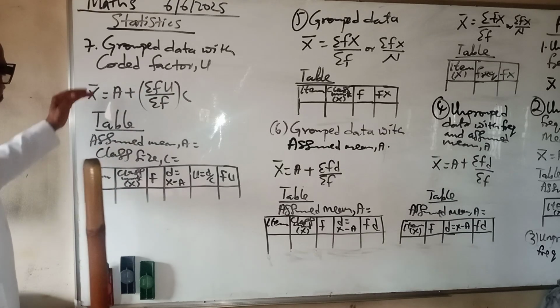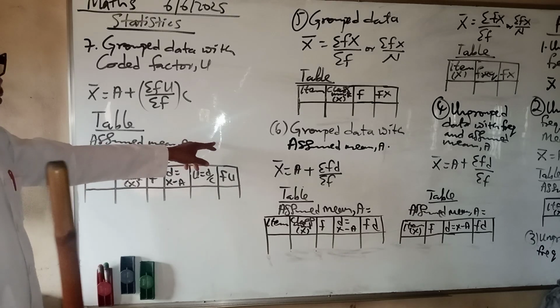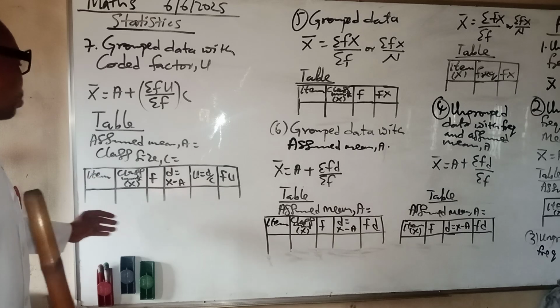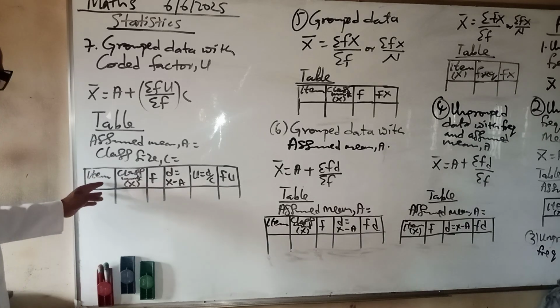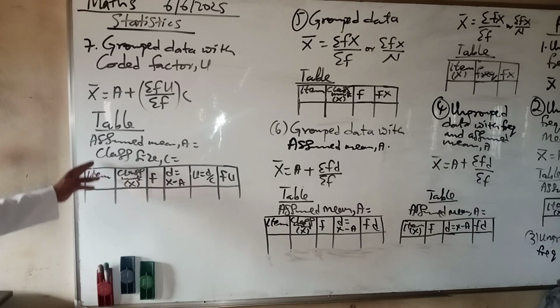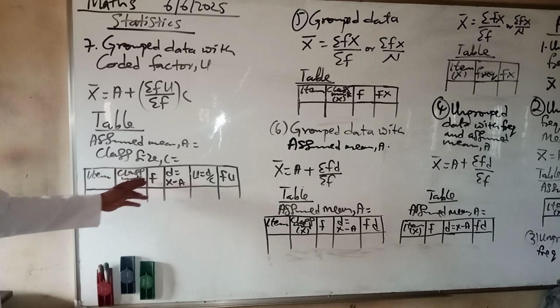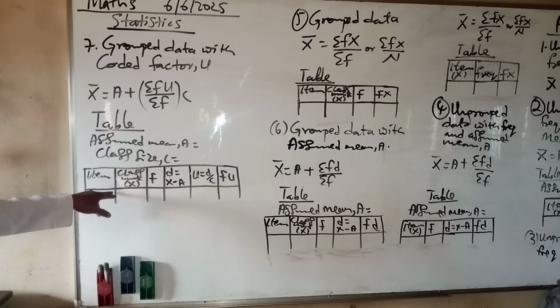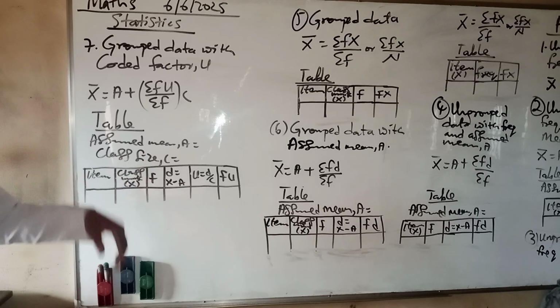The table for it has the assumed mean A followed by class size or class width c. The first column is the class interval. Then the next column is class mark x. The next one is the frequency column. The class mark is obtained by adding the upper class limit to the lower class limit and dividing by 2.